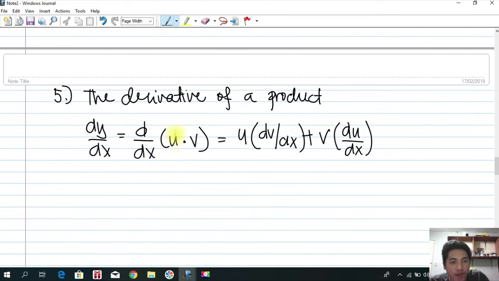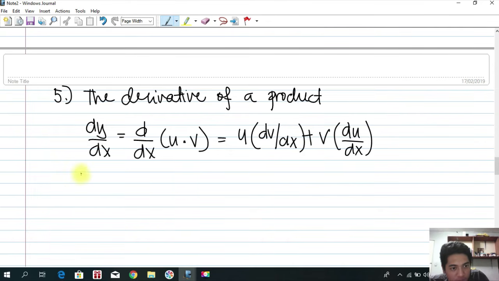Okay, so we have this u and v. So first we have to copy the function u, then get the derivative of v, that will be our first term, plus copy v, then we're going to get the derivative of u with respect to x.